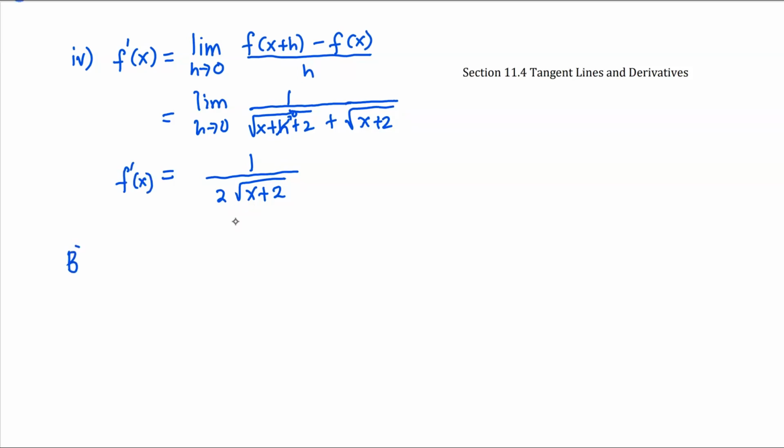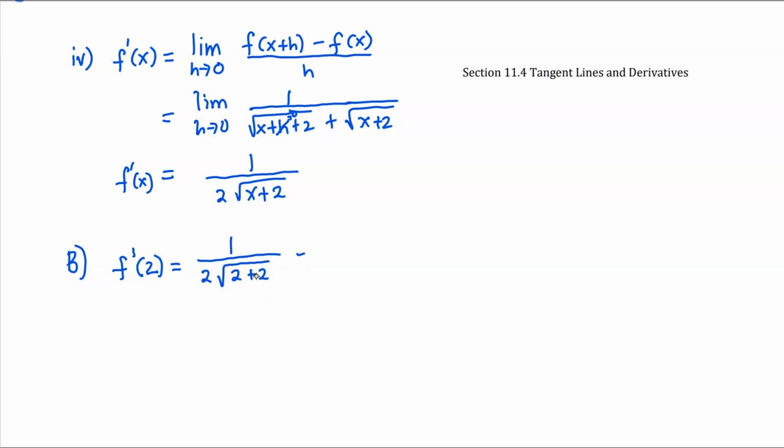Next, for letter B, we want to find f prime at 2. F prime at 2 means you evaluate the derivative at x equals 2. So you have 1 over 2 square root of 2 plus 2. 2 plus 2 is 4, and the square root of that is 2.